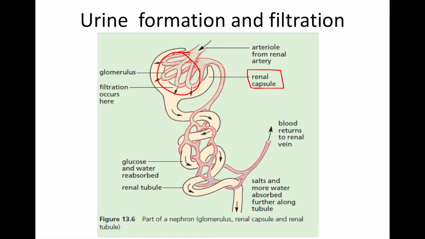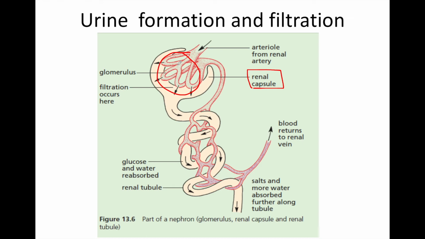So everything can leak out of the blood of the capillaries or the glomeruli except large proteins and red blood cells, except in certain medical cases. For example, if people have proteins in their urine, they might have a medical issue.